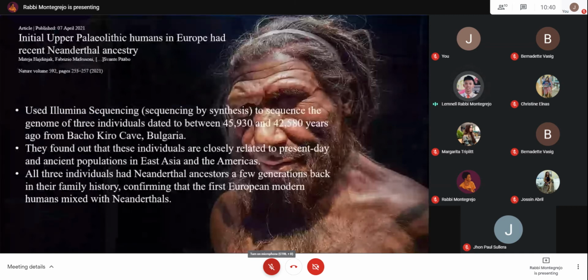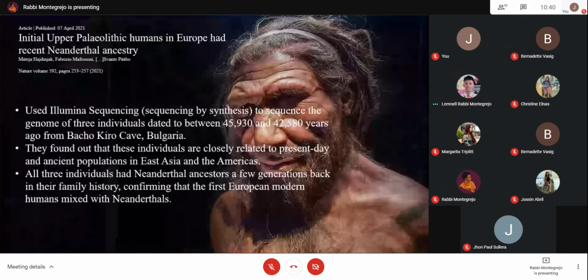Now, in this study, they found out that these individuals are closely related to present-day and ancient populations in East Asia and the Americas, and that these individuals had Neanderthal ancestors a few generations back in their family history, thus confirming that the first European modern humans mixed with Neanderthals. Now, there was speculation that Neanderthals and modern day humans actually interbred in the past.